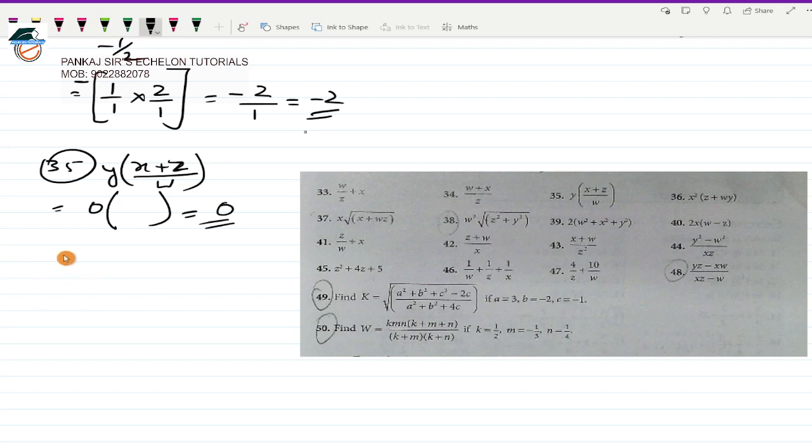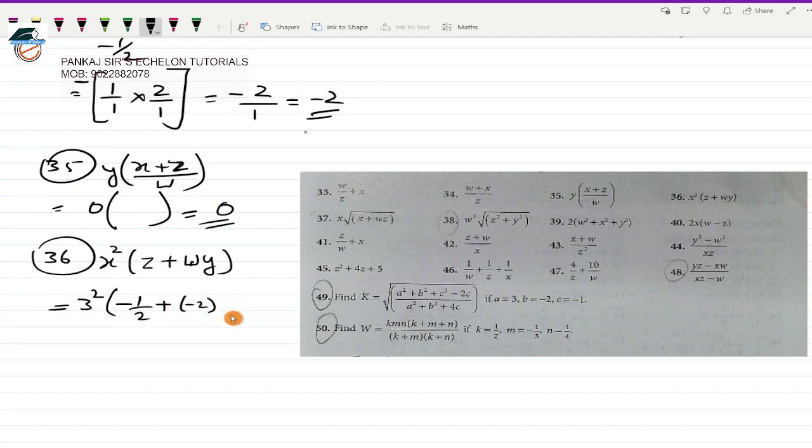Question number 36 says x square times the bracket z plus w into y. Okay, let us plug in the values. So x you have to take as 3, so this will be 3 square, times z you take as -1/2 plus w you take as -2 and y as 0.